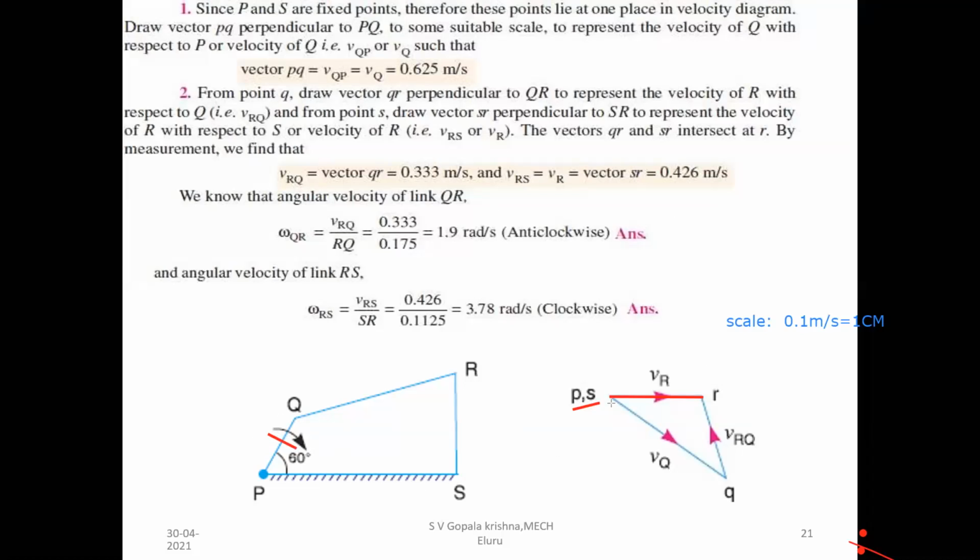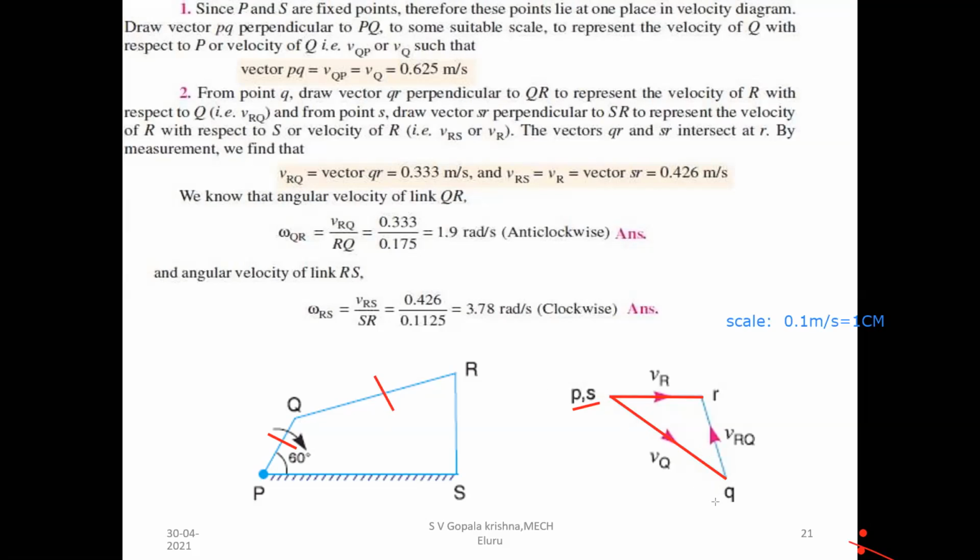Similarly, draw that perpendicular along with the distance of 6.25 centimeters. Later QR is there, and again you take the perpendicular to QR.